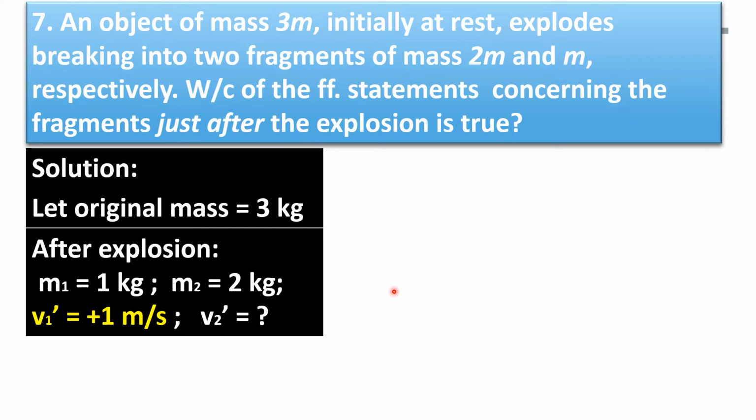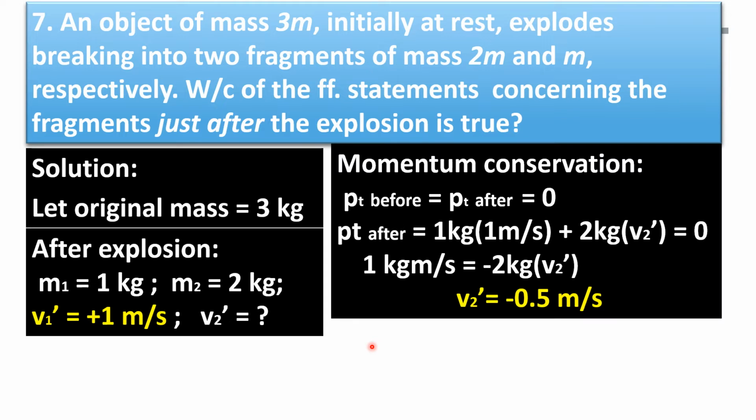So we'll now proceed with our computation. The concept that we're going to apply here is the law of conservation of linear momentum. For this particular situation, we are talking about an explosion. So the equation is simply: total momentum of the two bodies before they explode must be equal to the total momentum of the two bodies after the explosion.